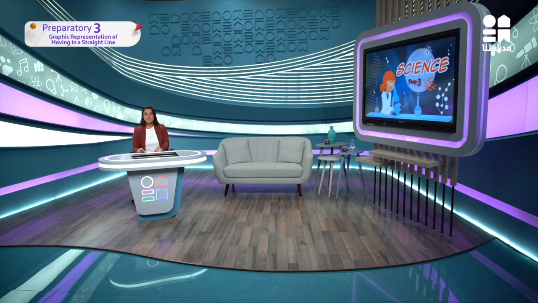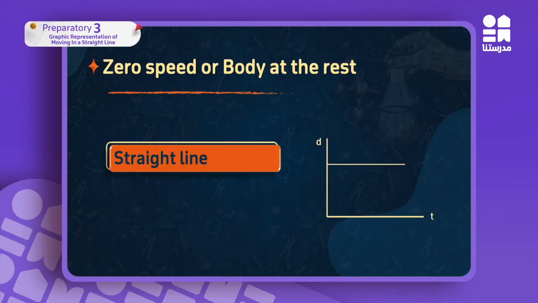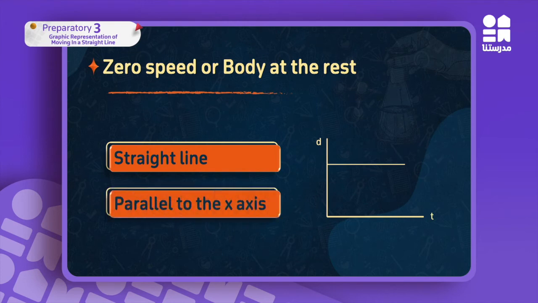So لما بنيجي نحل problems أول حاجة أنا بعملها أنا ببص الجراف مكتوب عليه إيه؟ هل هو distance time ولا speed time؟ بس كده. يبقى الجراف اللي قدامنا ده بيبقى عبارة عن straight line parallel to the x-axis which means إن هو the car is at rest. طب ليه the car is at rest؟ لأنه ال y-axis عليه distance not speed. طيب لو جاب لي نفس الجراف ده بس ال y-axis عليه speed في الحالة دي تبقى uniform speed.